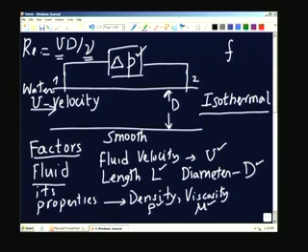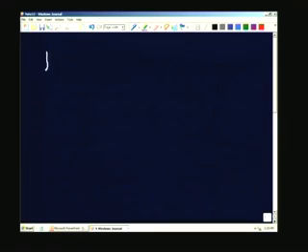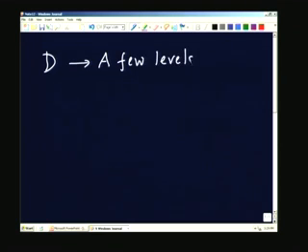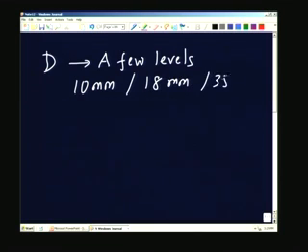Therefore, if I look at the possibilities, D, a few levels are possible. For example, I can take a 10 millimeter diameter, I can take 18 millimeter diameter, I can take probably 35 millimeter diameter.